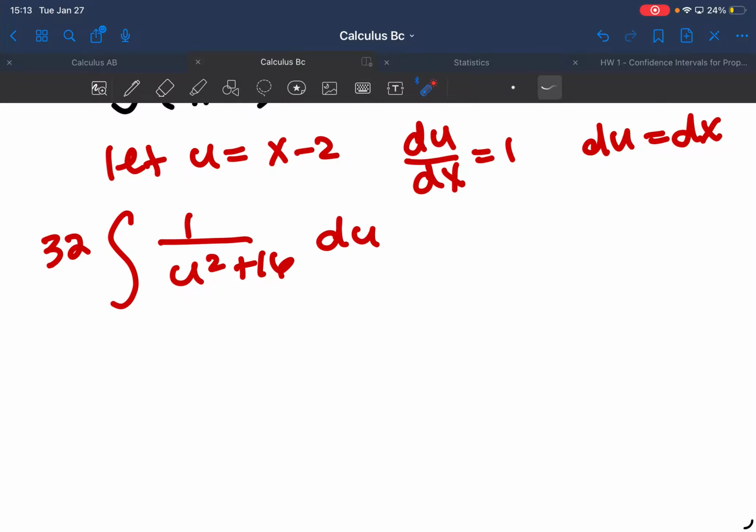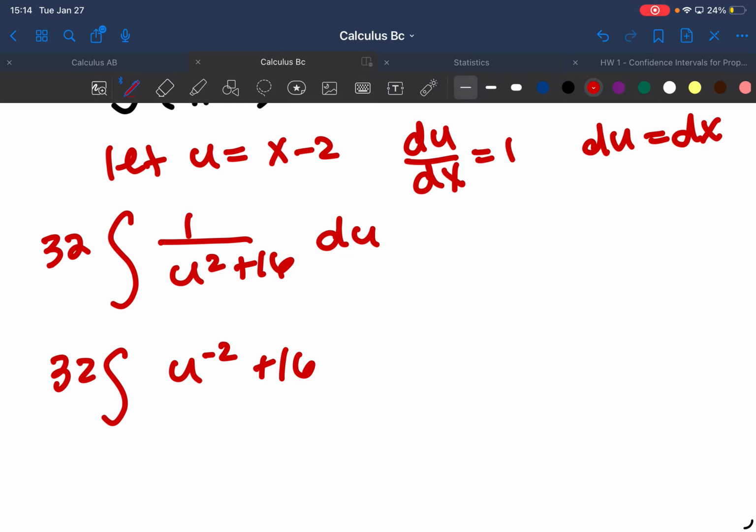Okay. Any other ideas? Well, 32 is looking suspicious. This is the exact process you're going to go through on the homework. Make the whole bottom part negative and bring it to the top. I did that too. So I did 32 integral of u to the negative 2 plus 16 to the negative 1 du.